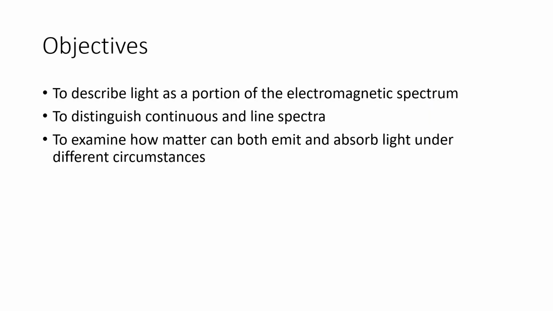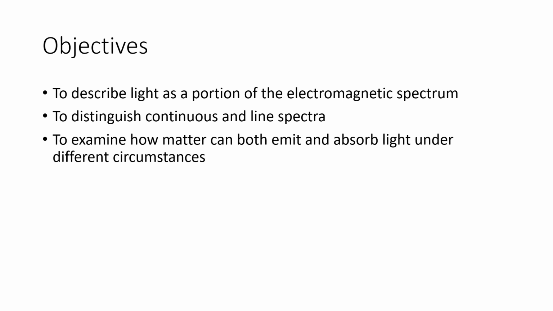So to wrap up with our objectives, light is a portion of the electromagnetic spectrum. Continuous spectra have all the colors of the rainbow, whereas line spectra have only certain discrete, separated lines or colors.